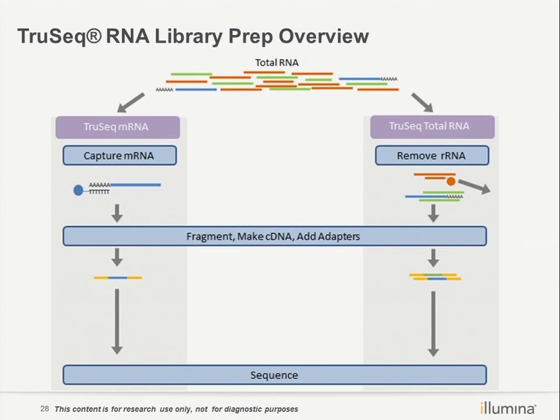In this way, we remove only the rRNA from total RNA, and we keep the other RNAs, from mRNA to some untranslated regions or some non-coding RNA, and still make cDNA, add adapters, and it is ready for sequencing. So a very simple question: which one do you prefer? Which one do you think is a better way to prepare the messenger RNA sample?